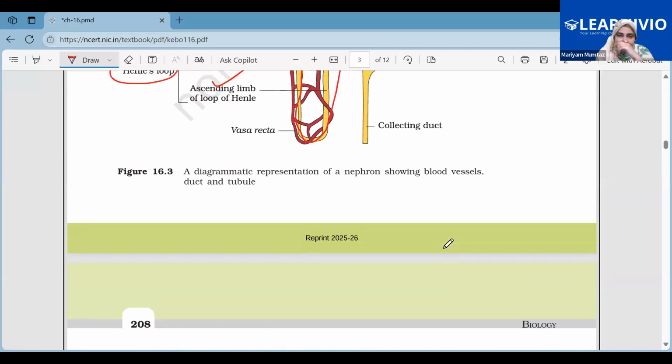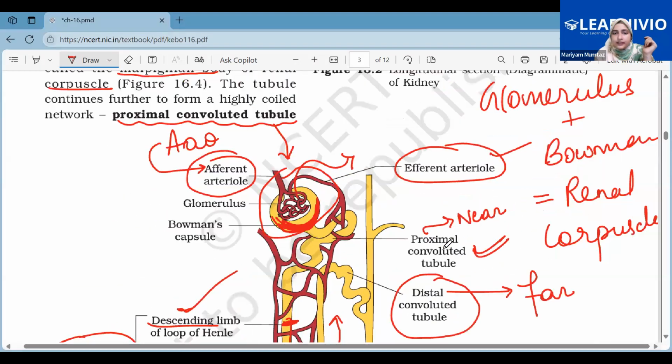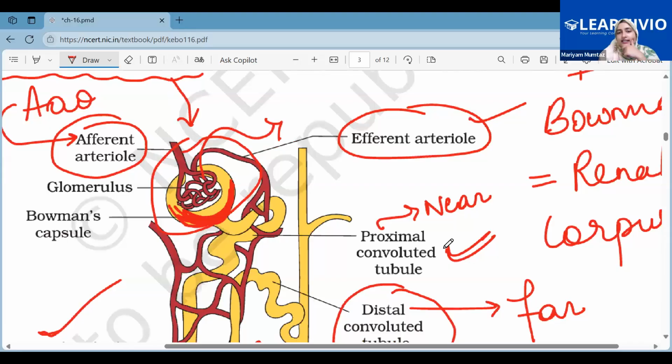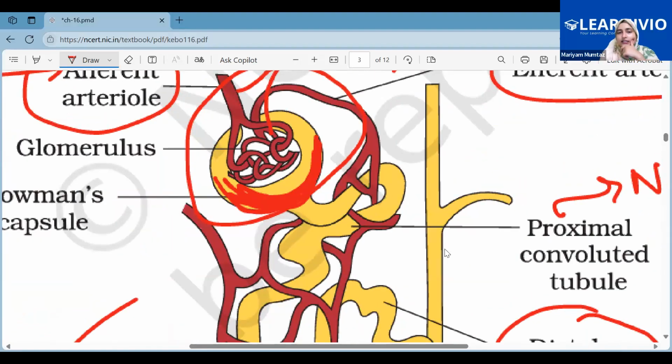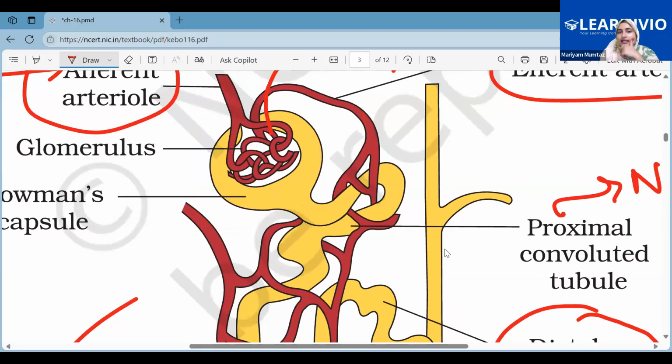Malpighian body. See, if you look over here, we said that the nephron has two parts: the glomerulus and the renal tubules. Now this bundle-like structure that you see over here is the glomerulus. But this glomerulus is held in a cup-shaped structure, and that is called the Bowman's capsule.